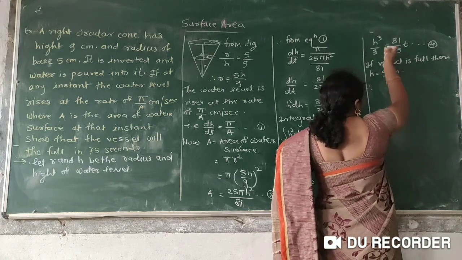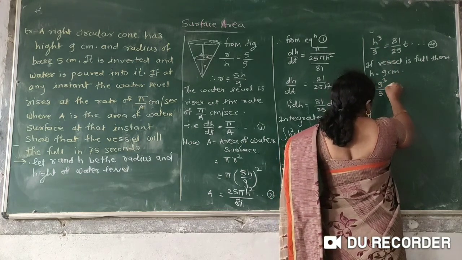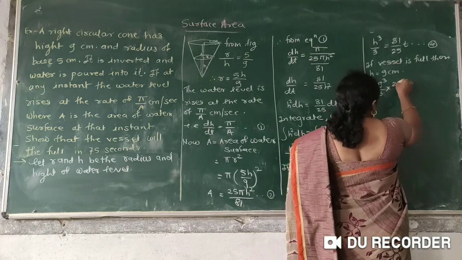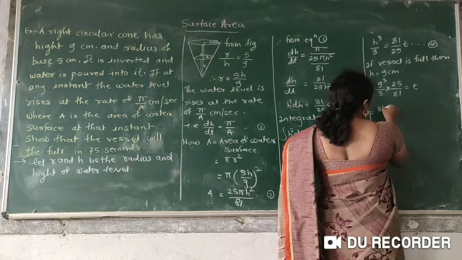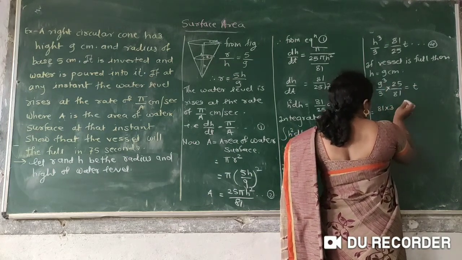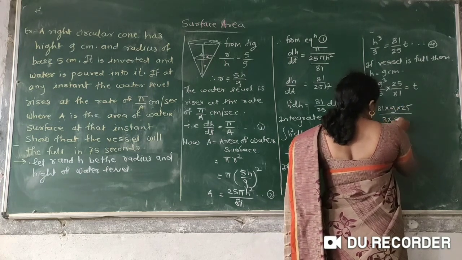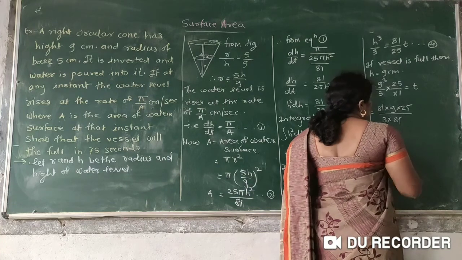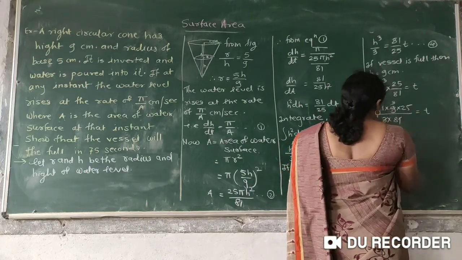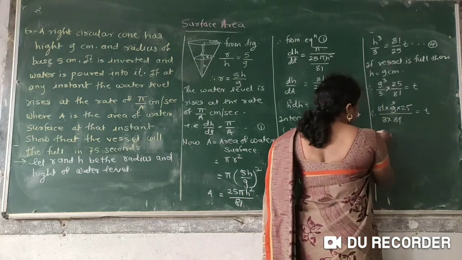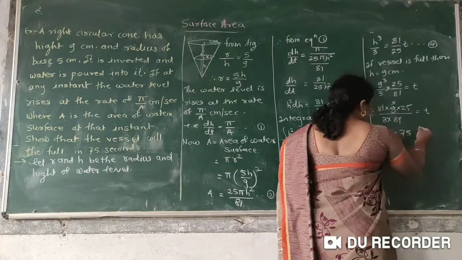Therefore substitute this value in this equation. We get 9 cube upon 3 into 25 upon 9 equal to t. 9 square is 81, into 9, into 25 upon 3 into 9, 9 gets cancelled, divide 9 by 3 as 3, 3 into 25, t is equal to 75.